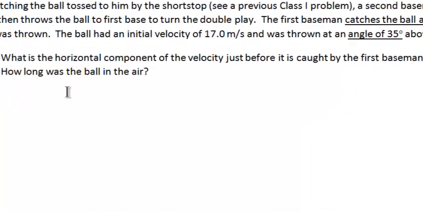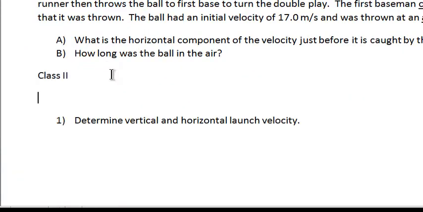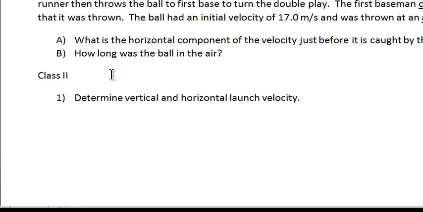Okay, you solve all of these Class 2 problems in generally the same way. Let me show it to you here quickly. To solve a Class 2 problem, the first thing you need to do is determine the vertical and horizontal launch velocity. That is, this 35-degree angle takes that 17 meters per second, and some of it is pointed up, some of it is pointed horizontally towards the right, and we have to determine how much that is.